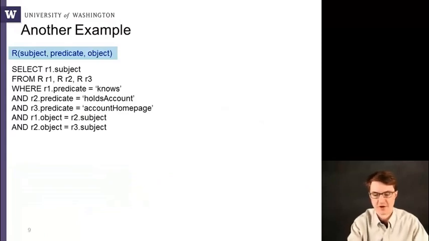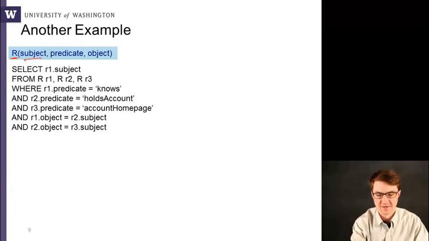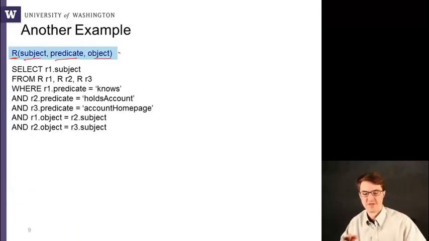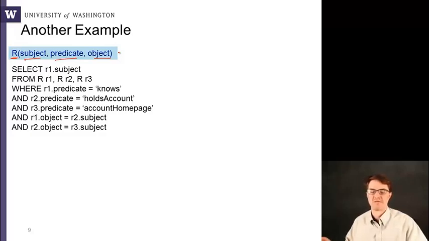So here's another example. Here we only have a single relation called R, and it's got 3 columns: subject, predicate, and object. You see this kind of schema when you work with RDF data, the Resource Description Framework. RDF is a language and formalism and software stack for managing what is called linked data. Here, everything is a set of facts.